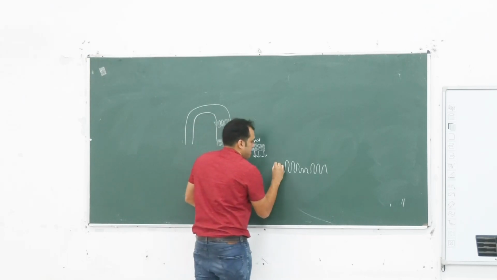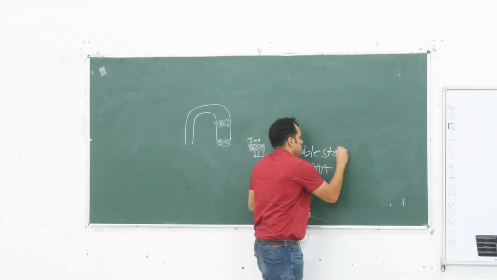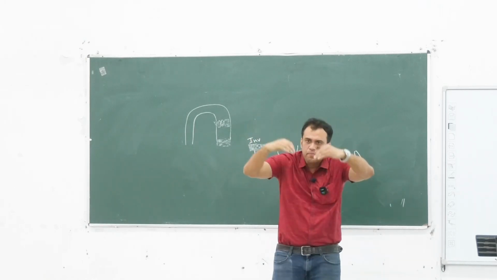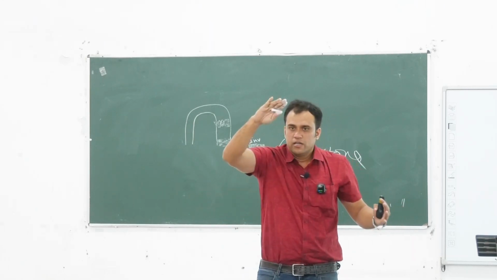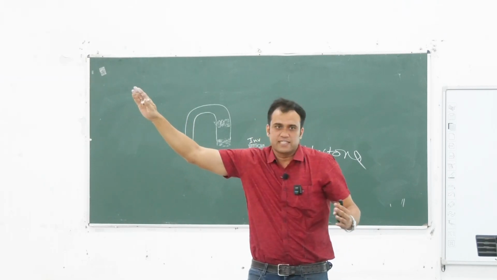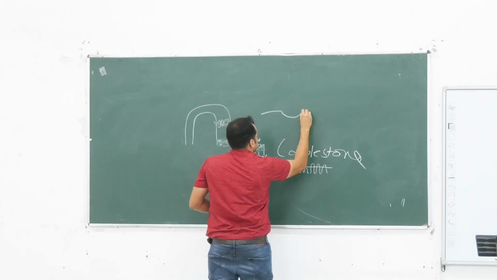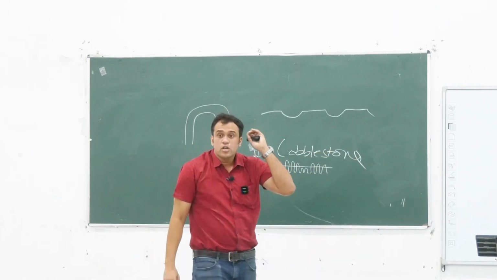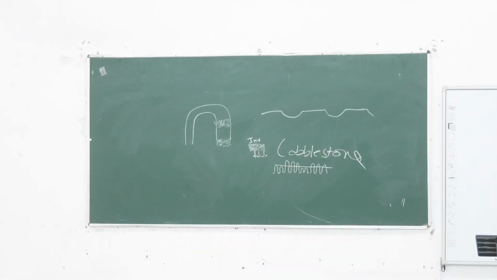This uneven configuration has been linked with the cobblestone. The involved area obviously will be depressed compared to the uninvolved area, which is healthy. Normal, depressed. Normal, it goes down, depressed. Normal. So this has been linked with the cobblestone appearance.